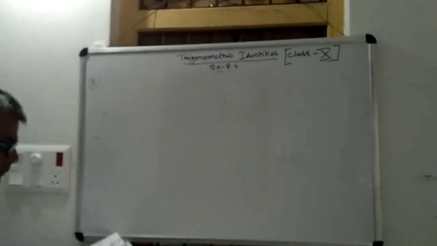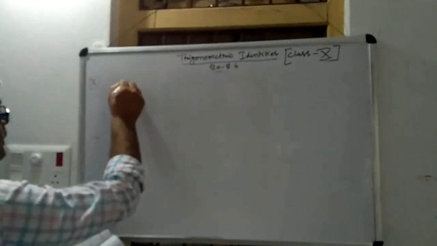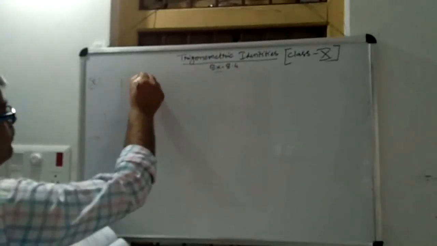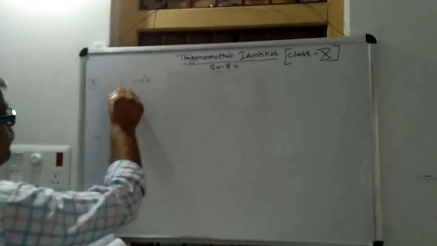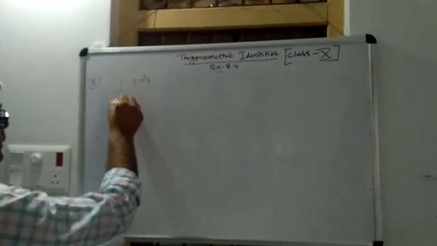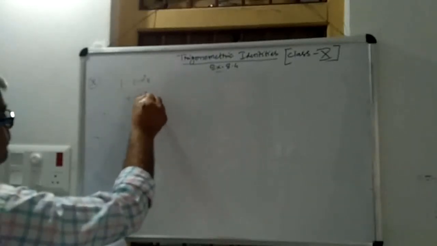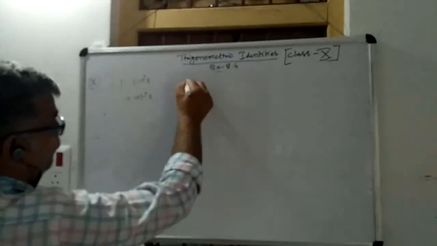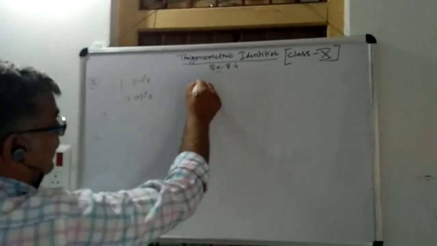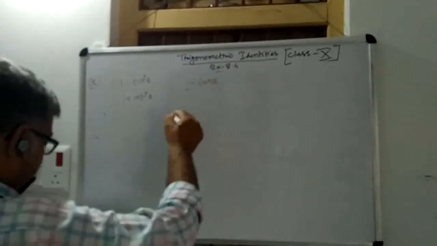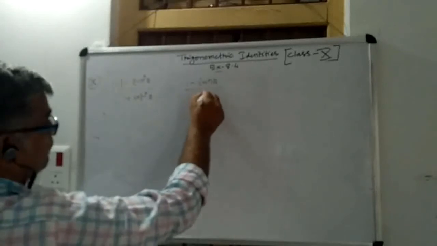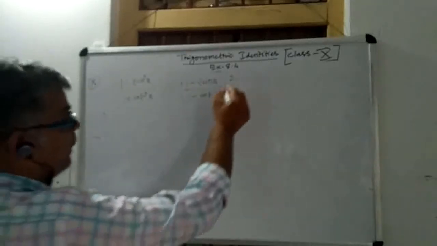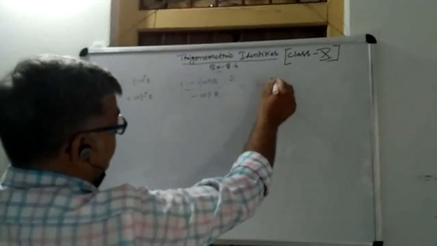In 10 there are 3 parts. (1 plus tan squared A) by (1 plus cot squared A) is equal to ((1 minus tan A) by (1 minus cot A)) whole squared, is equal to tan squared A.